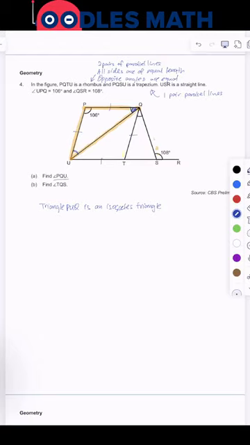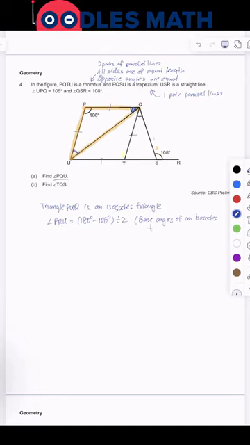So now we know that in order to find angle PQU, we will have to take 180 degrees minus 106 and divide by 2. This is because it is the base angle of an isosceles triangle.